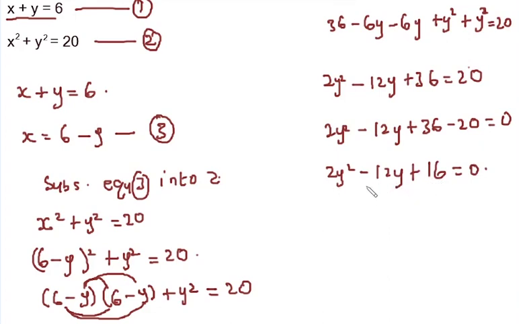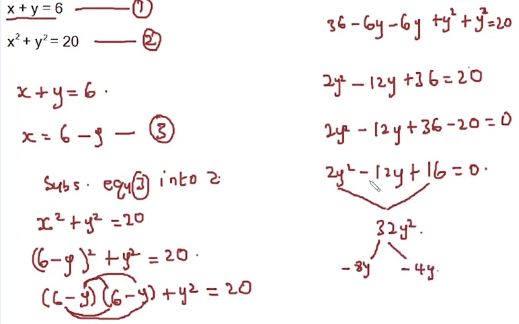So I'll be using the factorization method. So this is this times this: 2y squared times 16 is 32y squared. So I need to find two values that when added up should give me minus 12y, and when multiplied should give me 32y squared. So those two values are simply minus 8y and minus 4y.